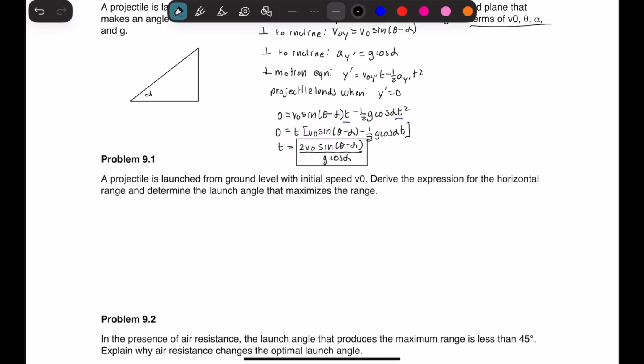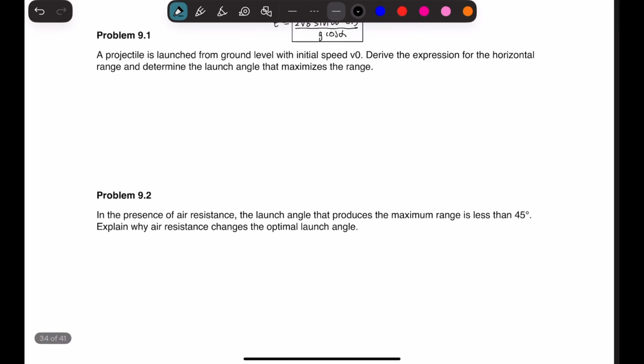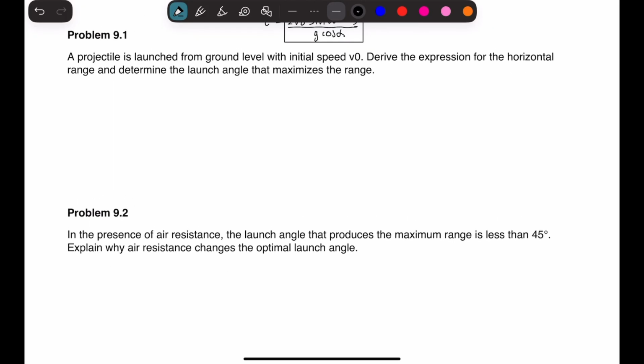Now, a projectile is launched from ground level with initial speed v initial. Derive the expression for the horizontal range and determine the launch angle that maximizes the range. We know that the range, which we have previously seen, is R equal to v initial squared over g times sine 2 theta.